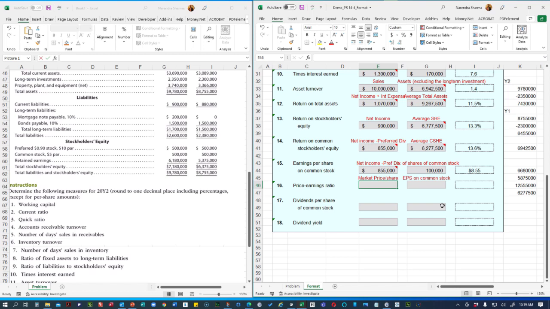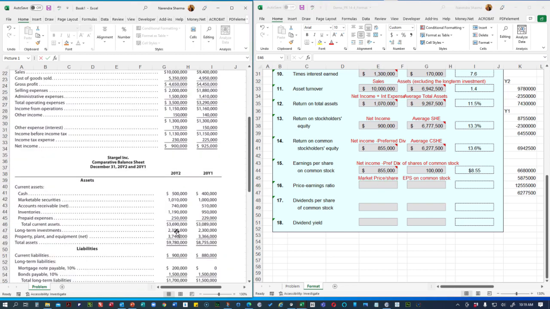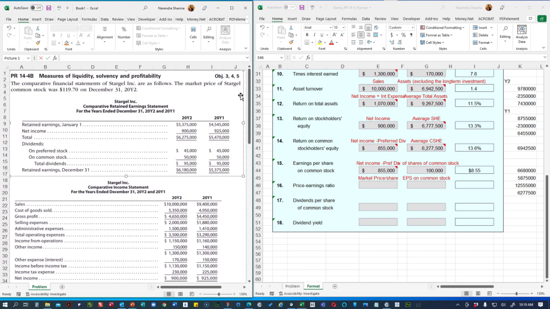Okay, now market price, remember we were given the market price in the top sentence of the question. The market price of Stargill common stock was 119.70. That's your market price. Now earnings per share we just calculated. That is going to be this figure here, 8.55.